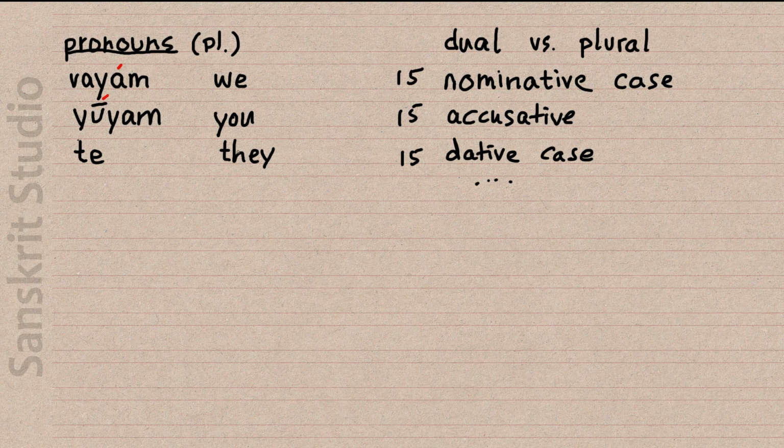I mean, we could do it if we were sloppy, but let's not be sloppy. So we're learning the long version here, so to speak. And by the long version, I am specifying that I mean plural. So we're talking about we all. It's not just we, because we could be two also.